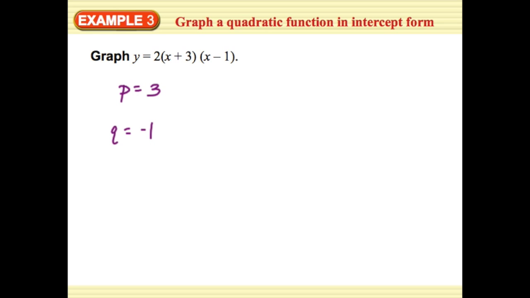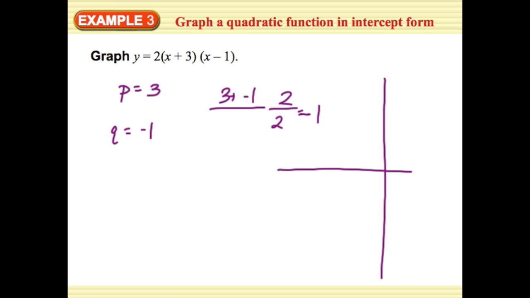So in this particular case, 3 plus -1 is 2, over 2 equals 1. So at a positive 1 value, I'm sorry, that should be -1. At a -1 value on my graph, that's where I'm going to see my axis of symmetry.